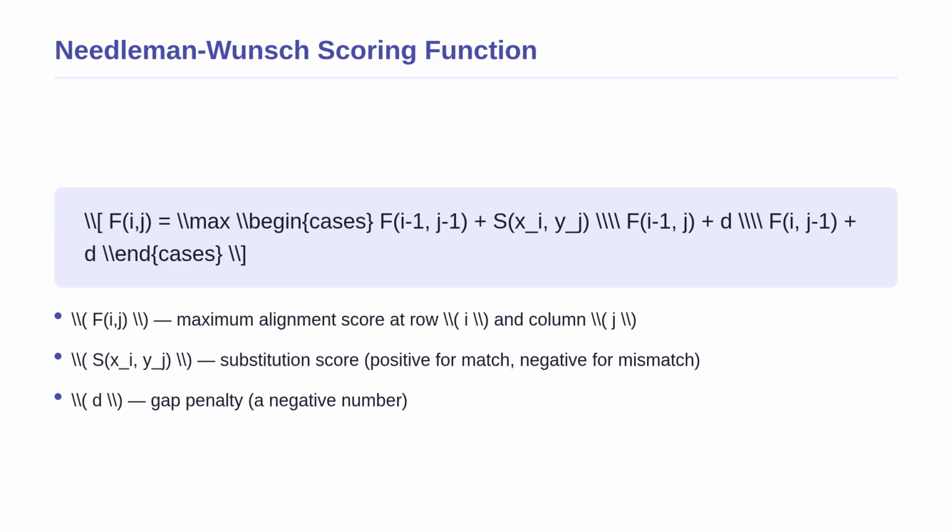The variable d is the gap penalty, a negative number subtracted when we introduce a gap. The formula looks at three previously calculated cells: the diagonal, the top, and the left. It calculates the score for arriving from each direction and uses the max function to choose the highest possible value. This guarantees we always take the best possible path.